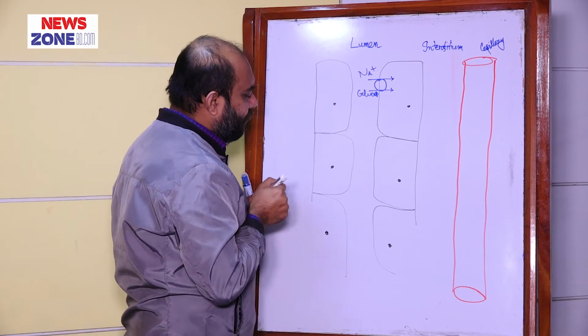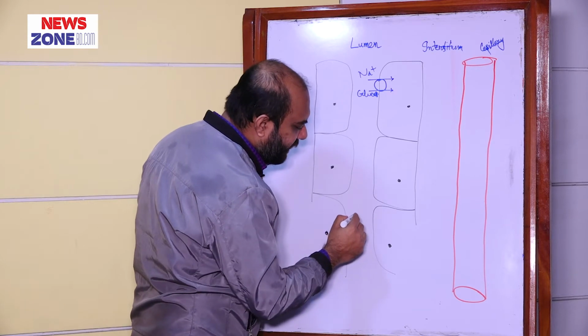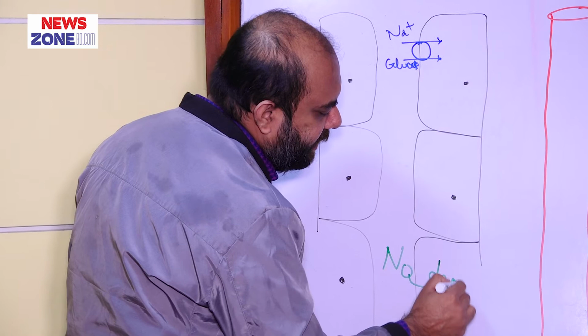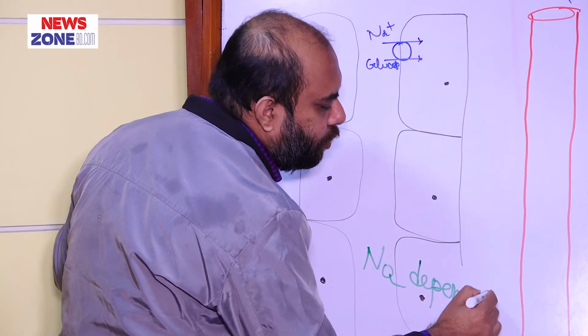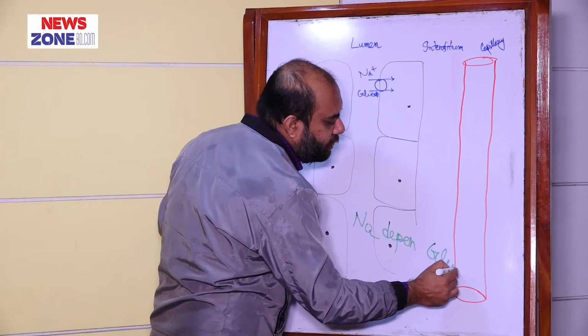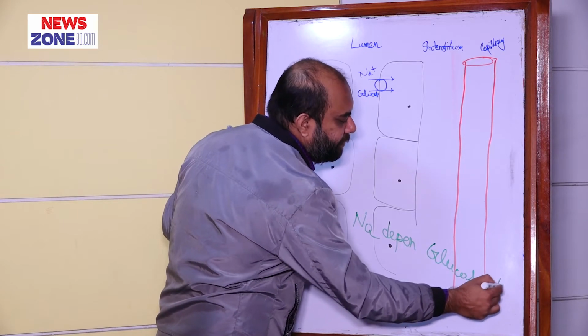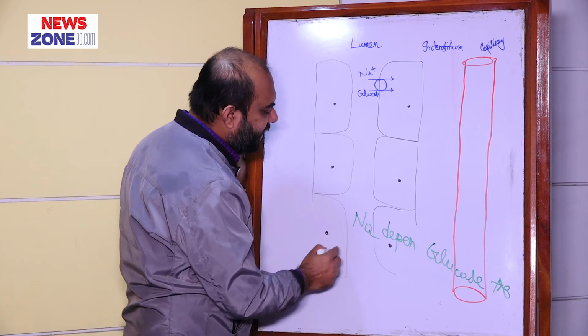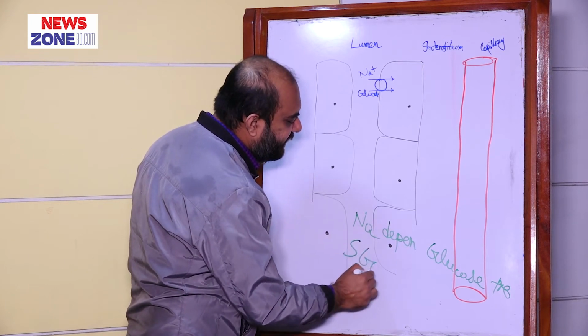So if we write it down here, sodium dependent glucose transporter. In short, we can call it SGLT.